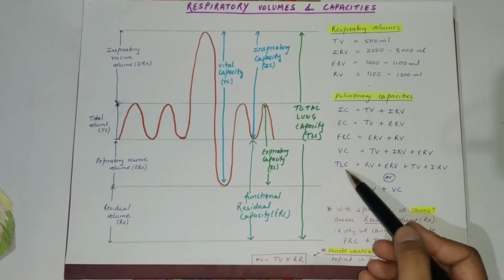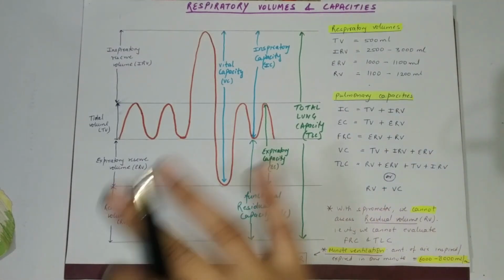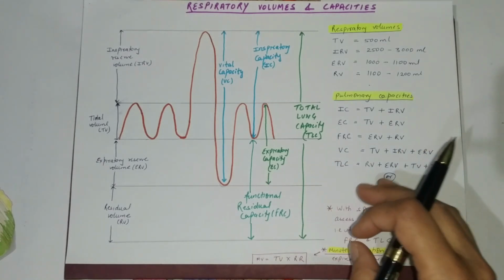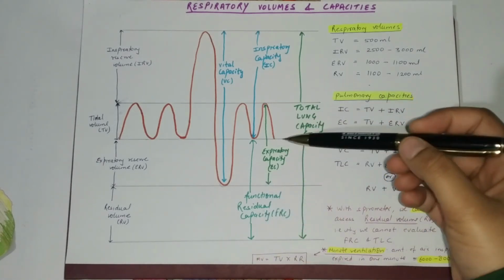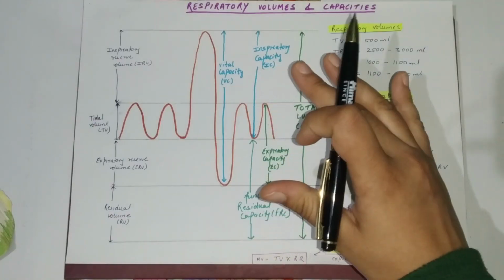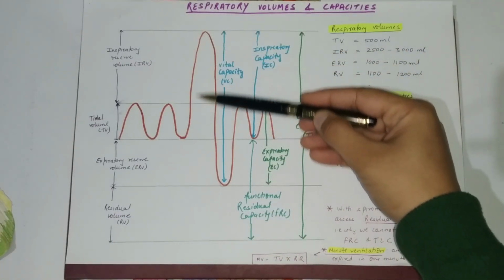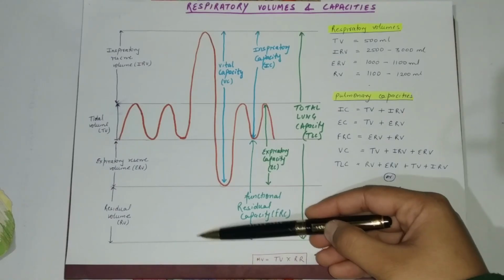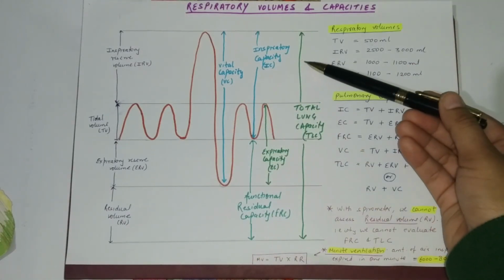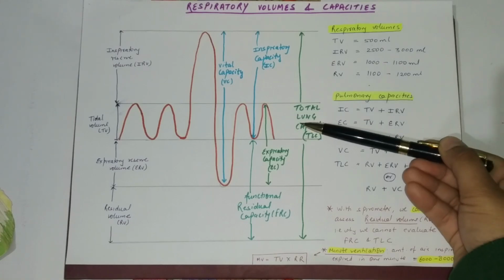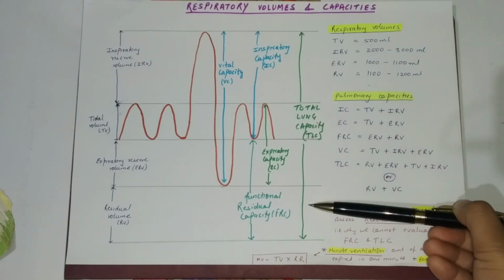And the last in line is the total lung capacity. Total lung capacity is the total volume of air accommodated in the lung at the end of forced inspiration. When we fill our lung fully with air, we are at this point. So this much is the total lung capacity. It comprises the inspiratory reserve volume, tidal volume, expiratory reserve volume, and the residual volume.